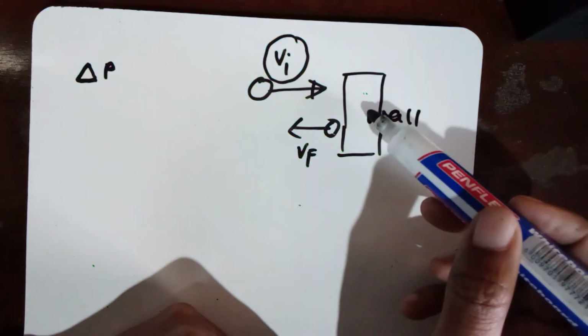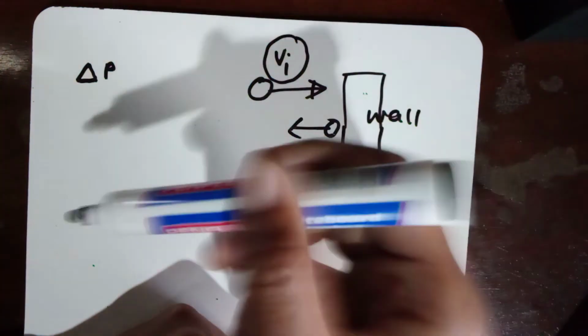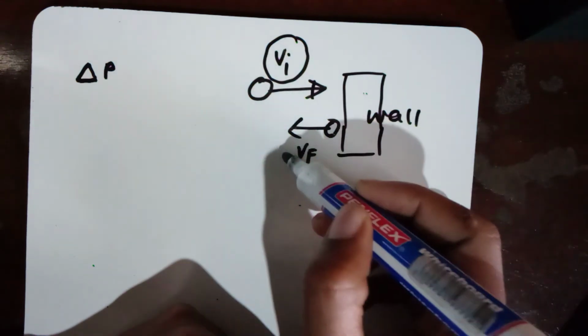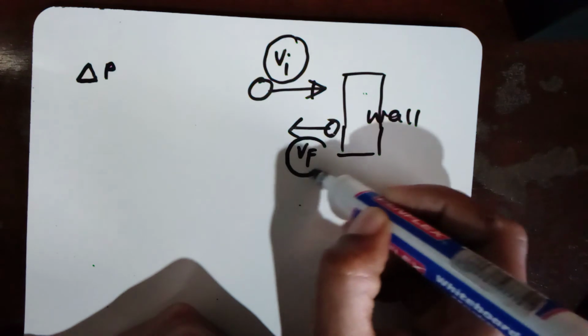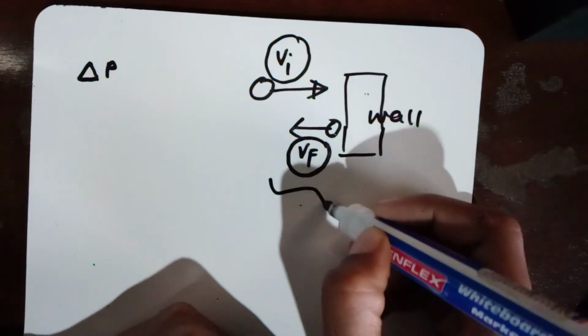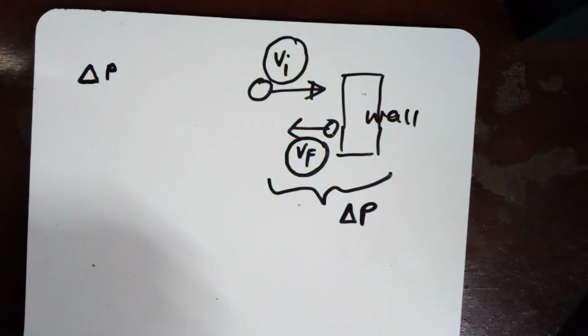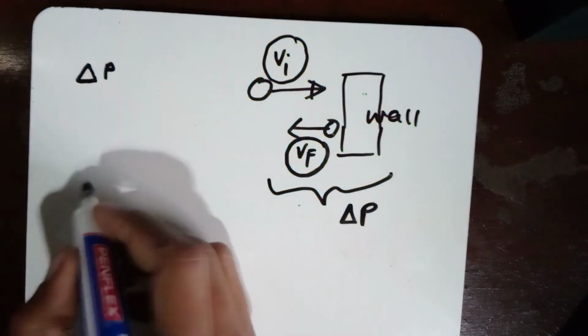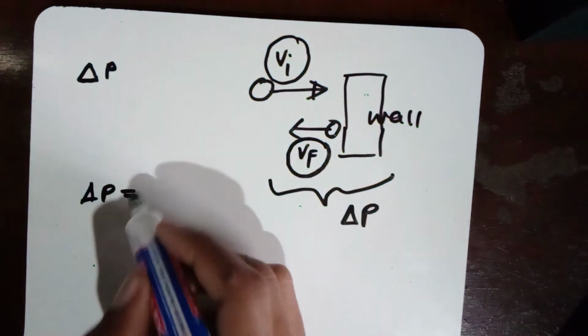It hits the wall and bounces off, and when it bounces off the wall it moves at a different velocity, which we call vf. In this scenario, we're going to have a change in momentum written as delta p. So a change in momentum would be, we'll consider the final momentum.